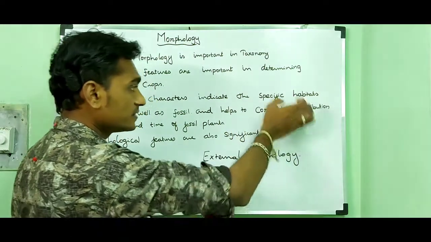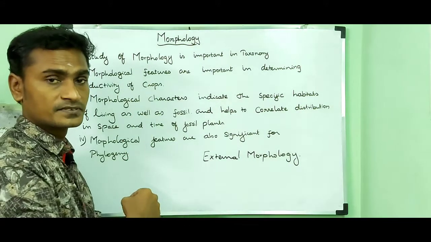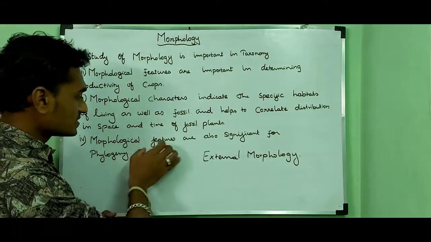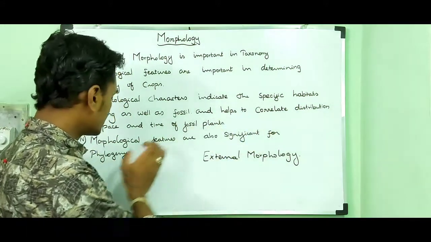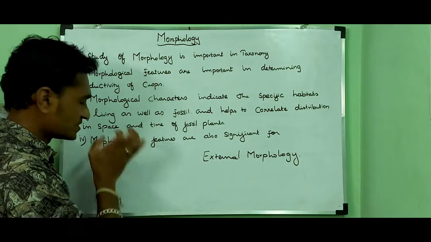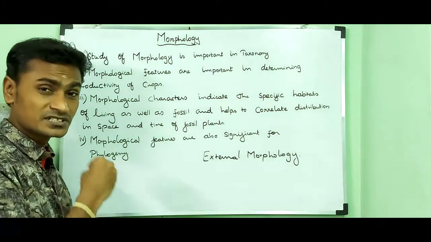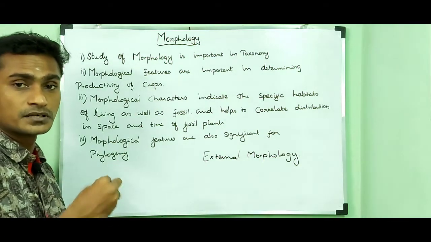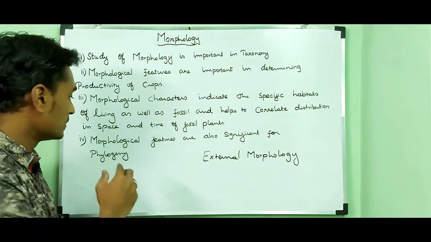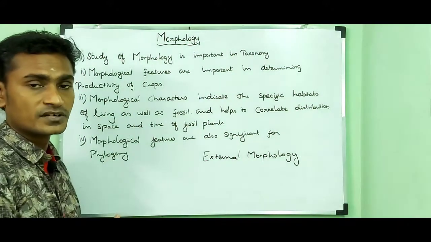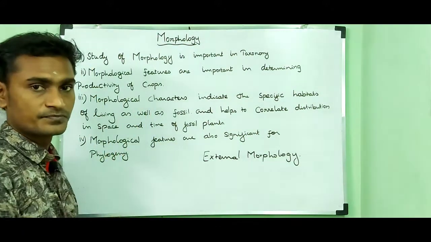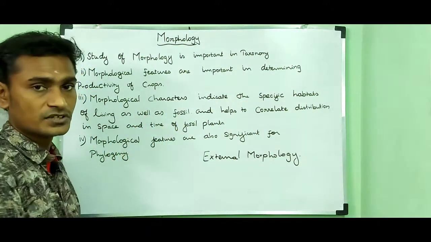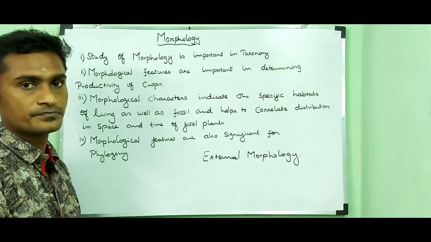We can correlate the distribution of the plants. சரிங்களா, then morphological features are also significant for phylogeny studies. Phylogeny studies means evolution. So பரிணாம வளர்ச்சியும் நம்மளால படிக்க முடியும் by using the morphological features. So these are all the importance of morphology.